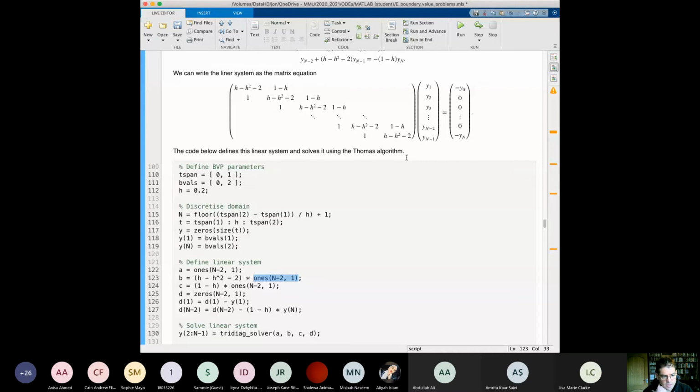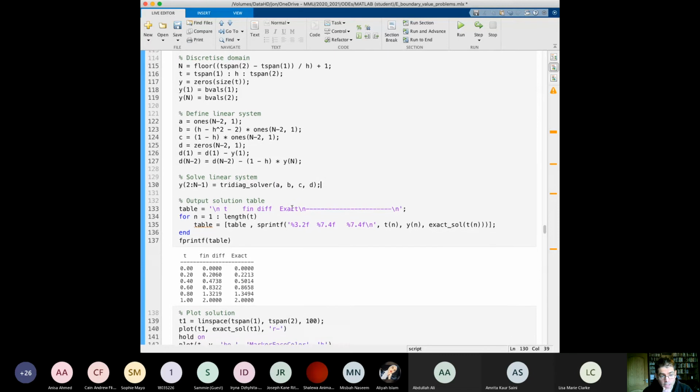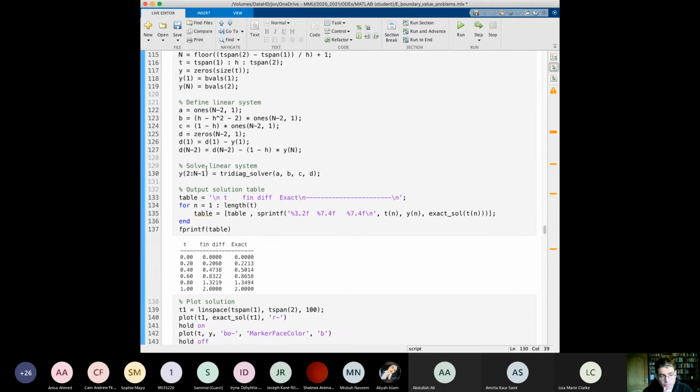I've done similar for c, so c is just 1 minus h. Do the same for d. So d was all zeros apart from the first and last element in d. Once I've got a, b, c, and d, I put that into my Thomas algorithm, which I defined earlier, and that will solve for my unknown values of y.